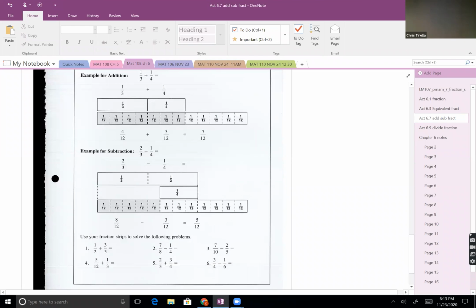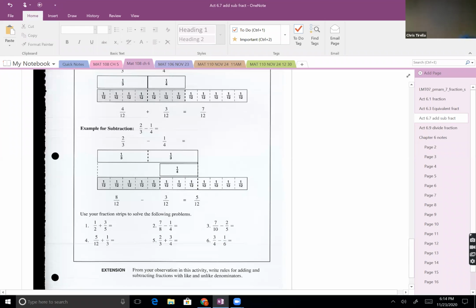And in the same way with subtraction, we could look at it almost more like the missing addend model. I have 2/3, and then I have 1/4. What would I need to fill in here? What would I need to add on to get the same length? And so we need to add on 5/12.